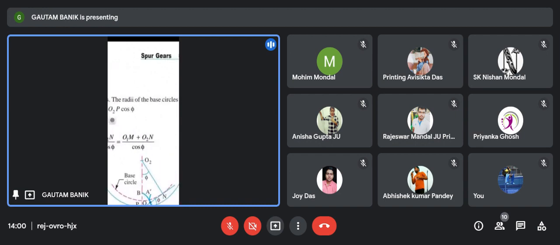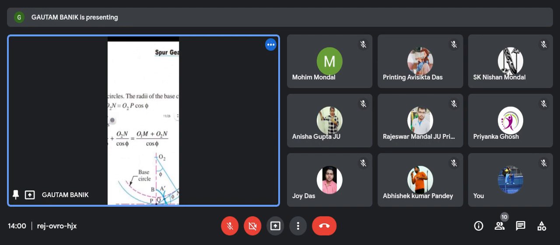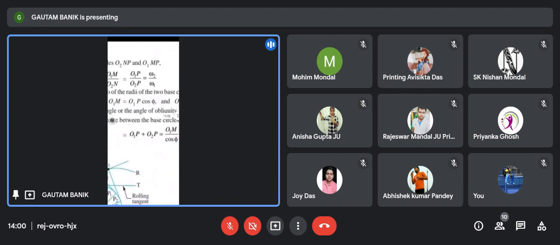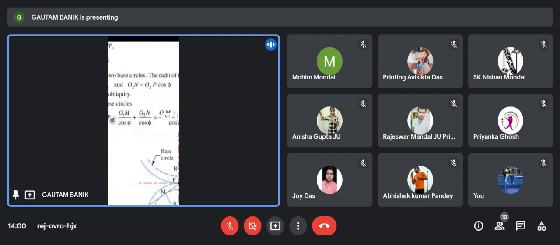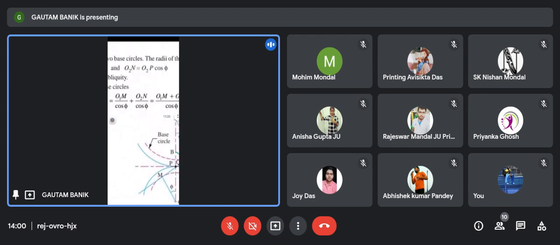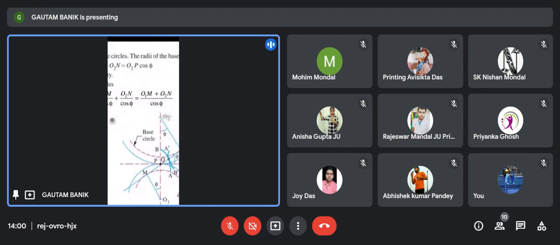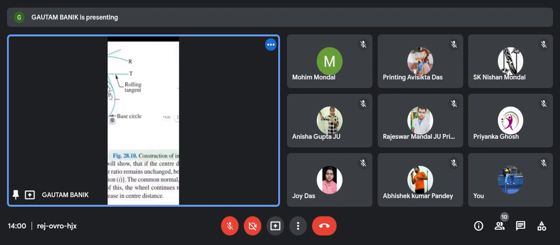This is the sum of the two radii of the base circle, O1M plus O2N, equal to cos phi into the center distance, or the sum of the pitch circle radii. The sum of the base circle radii is equal to the sum of the pitch circle radii into cos phi. This is the relation. That means the base circle is smaller than the pitch circle. You can get it.